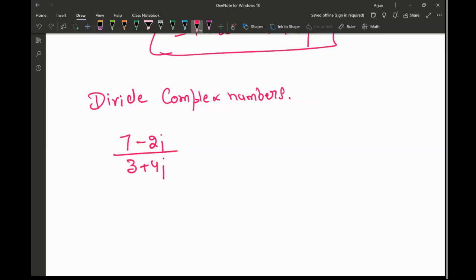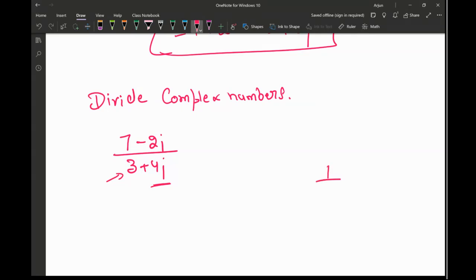This is the number I'm going to use. How to divide? For dividing, it is a little different. Whenever we are dividing complex numbers, I need to take the conjugate of the bottom part, the denominator. Basically, dividing means you are trying to get rid of the iota or j from the bottom. That's what you are trying to do.